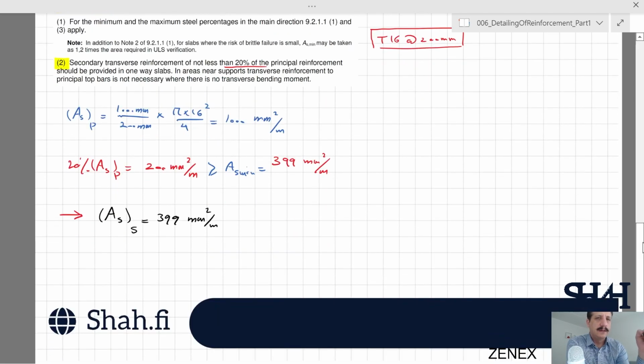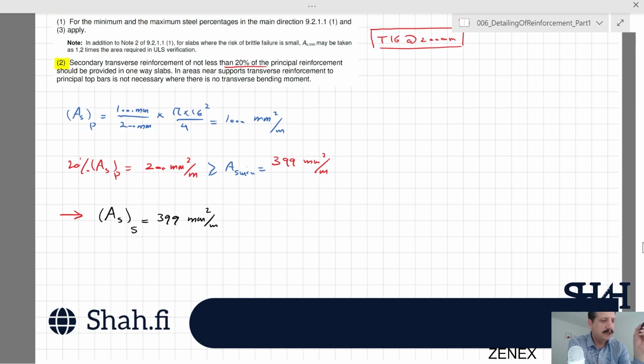In this example, 399 is dominant as far as we didn't design any reinforcement. But for example, if you design reinforcement according to the load, then perhaps 20% of that can cover As minimum. But in any case, we need to check which one is the required minimum reinforcement.